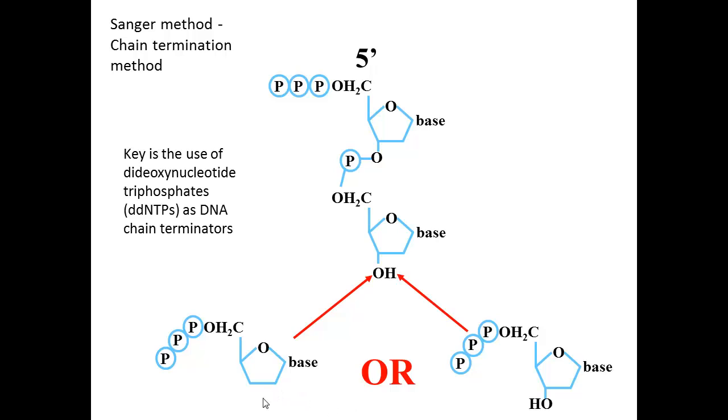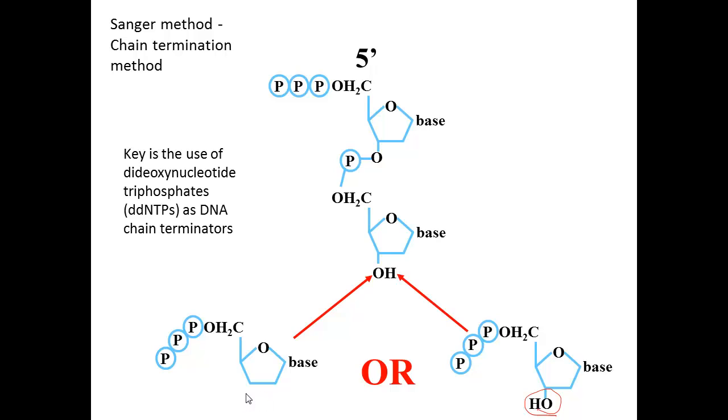The fundamental molecular principle of the sequencing technique is the use of dideoxynucleotides. Here we have a normal deoxynucleotide that's used in DNA. It has a 3' hydroxyl. When it gets incorporated into a base, the strand can continue to be sequenced.